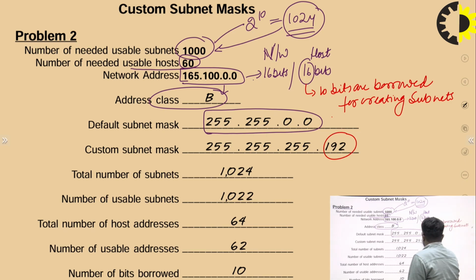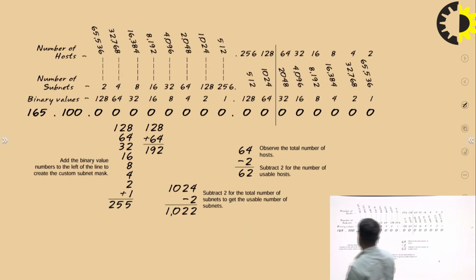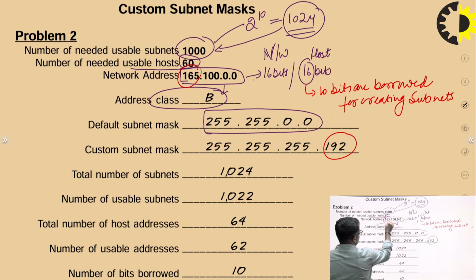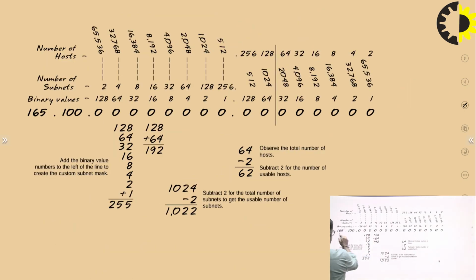So how is this 192 appearing here? For that, we have to break it up. So this is 165.100. We are not going to change the network part, but this 00, we are going to borrow 10 bits from here. So 165.100, we are not going to change it.